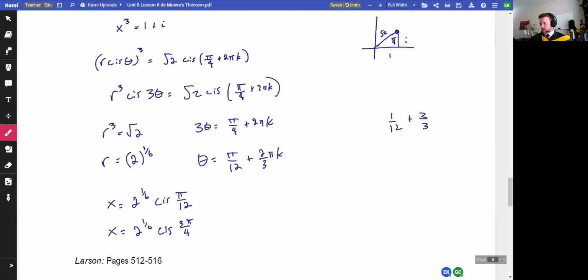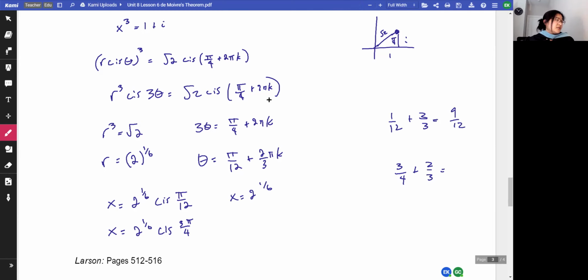Okay, and then what is our 3rd root? So we have 3/4 plus another 2/3. So that's 9 plus 8, which is 17 over 12.